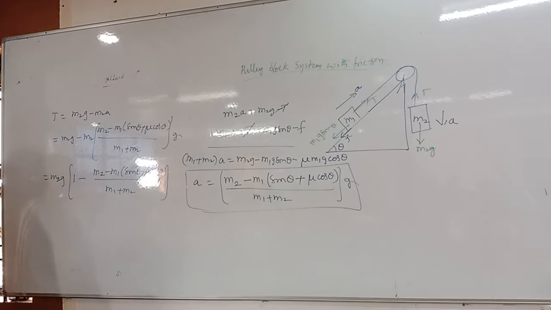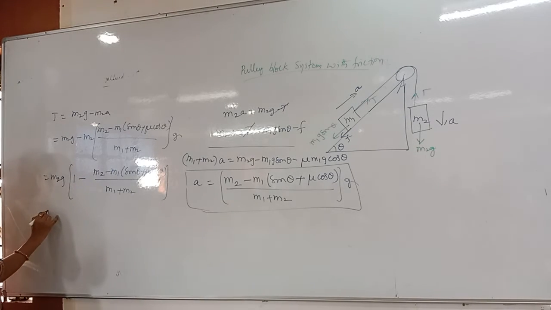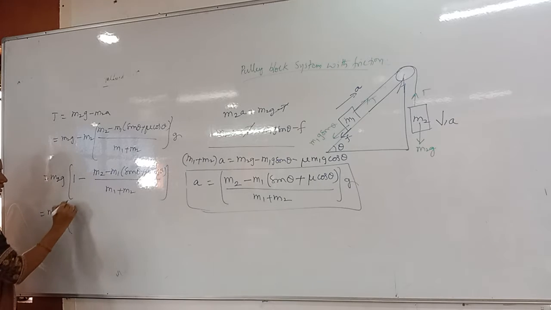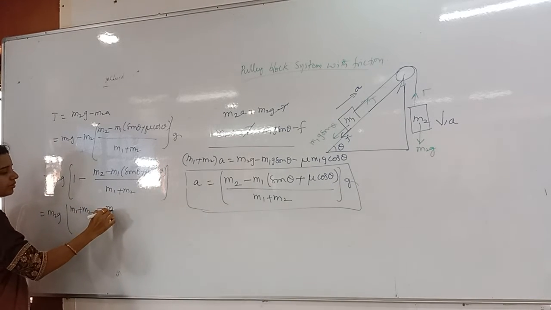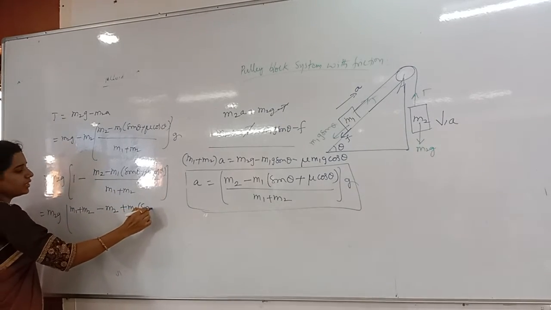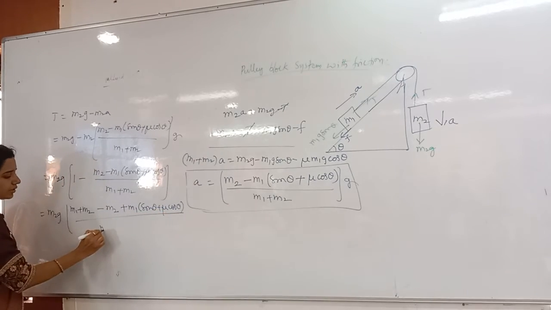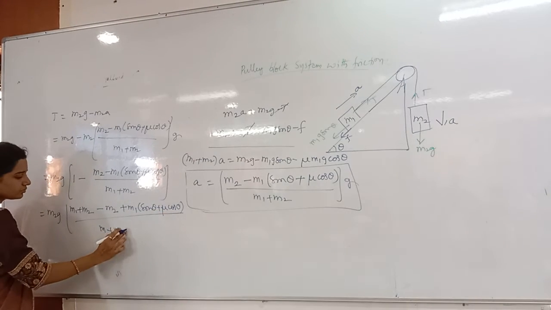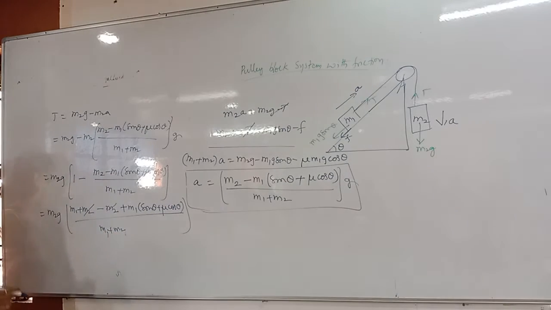Everybody understanding, right? Then here you have to take LCM as m1 plus m2. Then m2g, here m1 plus m2. I am sending minus inside, so that minus m2, plus m1 into sin theta plus mu cos theta, divided by m1 plus m2. Then what can I cancel here? m2 I can cancel.